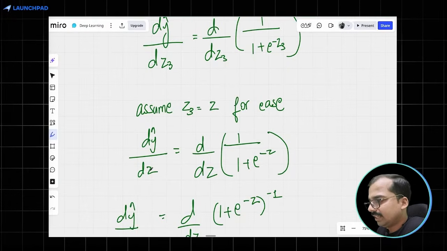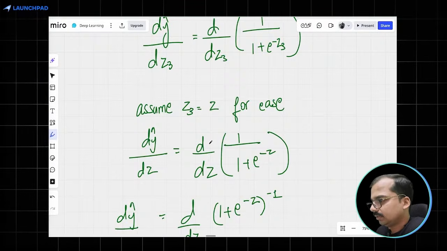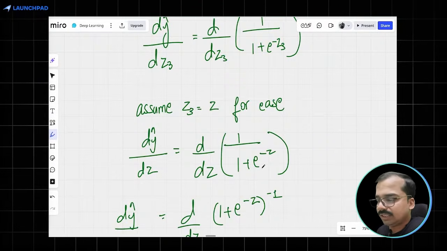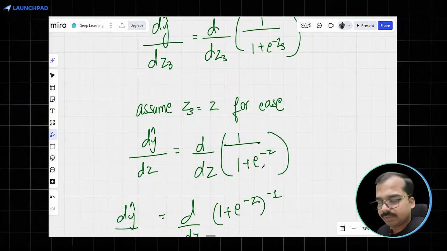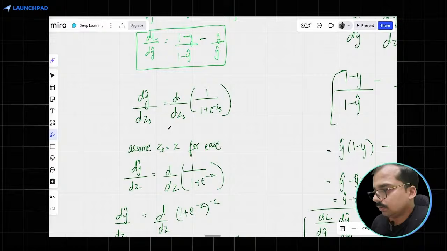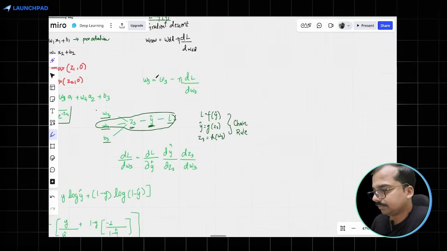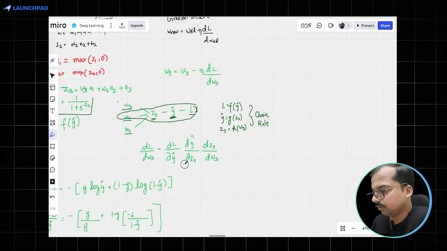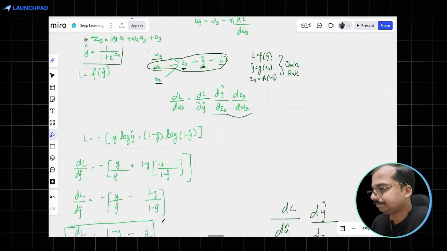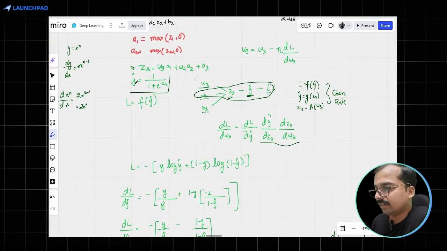So dy hat by dz would be d by dz of 1 upon 1 plus e to the power minus z. I can write it like this also, right? So till now we have got dL by dy hat, but we want what? We want these two also, correct? Now y hat with respect to z3.